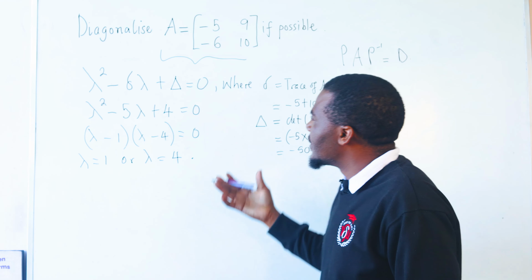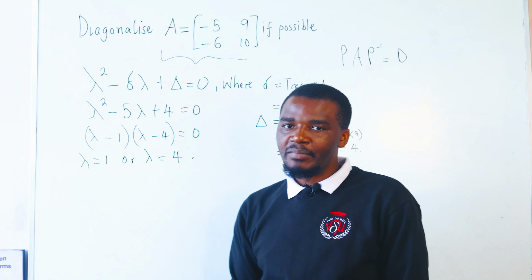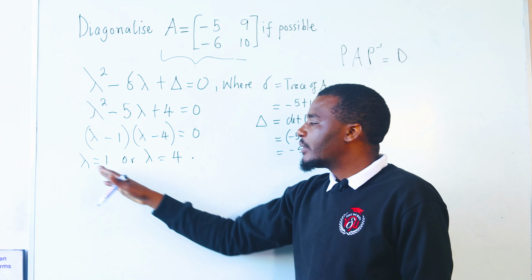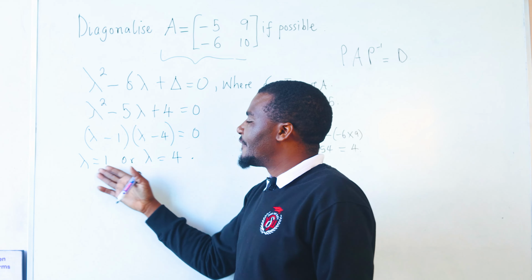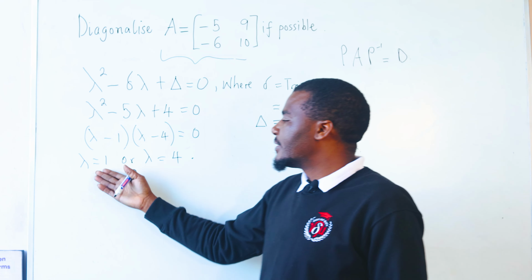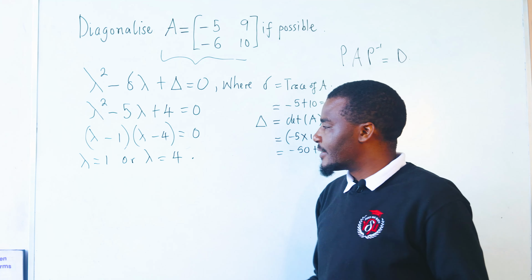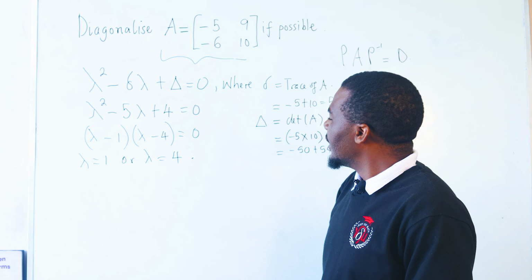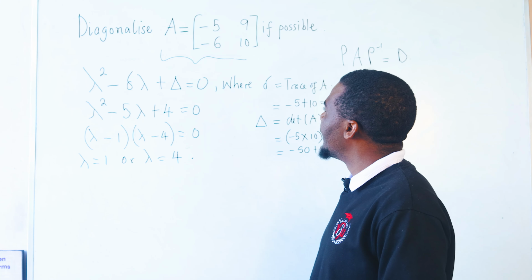This is quite interesting because this matrix meets the criterion for diagonalizability. What do I mean? The eigenvalues that we have are distinct. Since our eigenvalues are distinct, we can find the corresponding eigenvectors. I've got another video where I explained how we calculate eigenvectors.